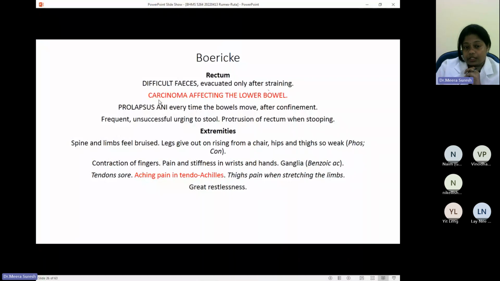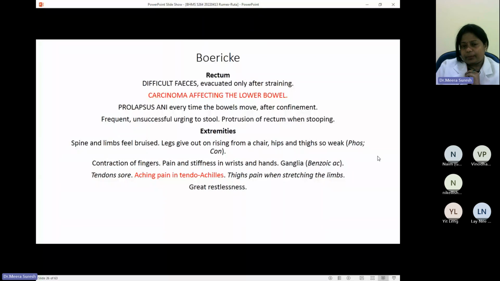It is shown carcinoma affecting the lower bowel. So the large intestine, after the sigmoid colon, the structures. If there is a carcinoma of the rectum, sorry, Ruta is a specific actually. If there is a carcinoma, then difficult feces, that we have told, prolapse ani. Protrusion of rectum when stooping.